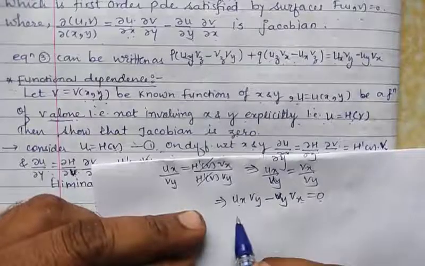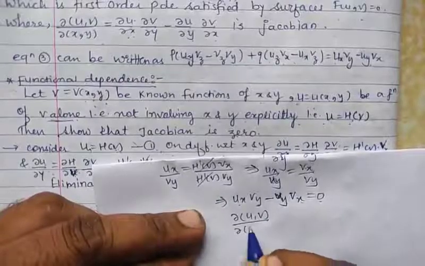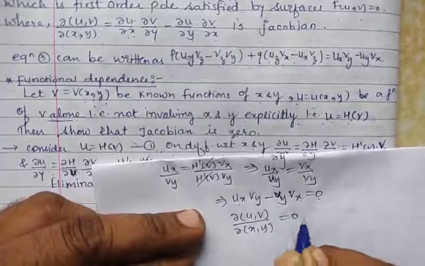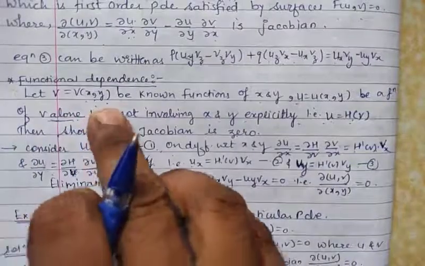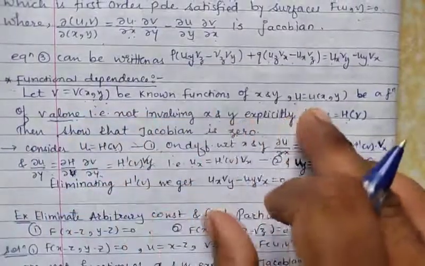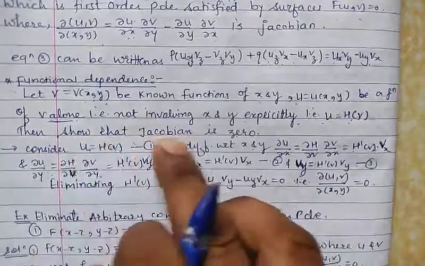And this is nothing but the Jacobian of u, v with respect to x and y, which is equal to 0. Hence, if v is a known function of x and y and u is a function of x and y, being a function of v alone, then the Jacobian will be 0.